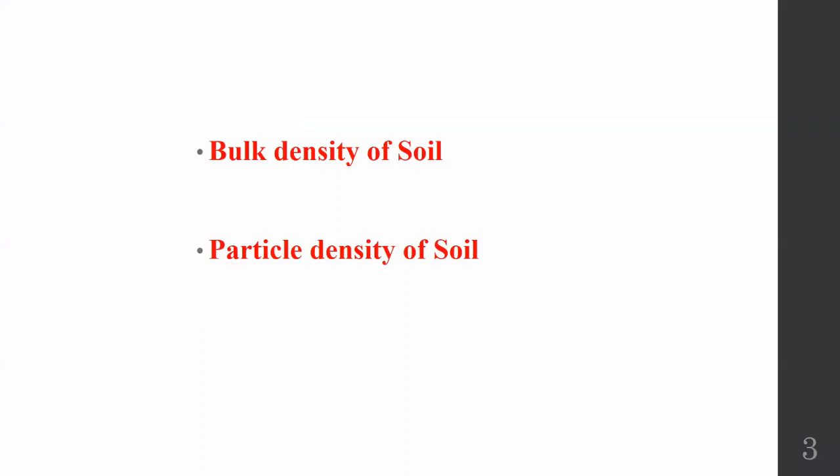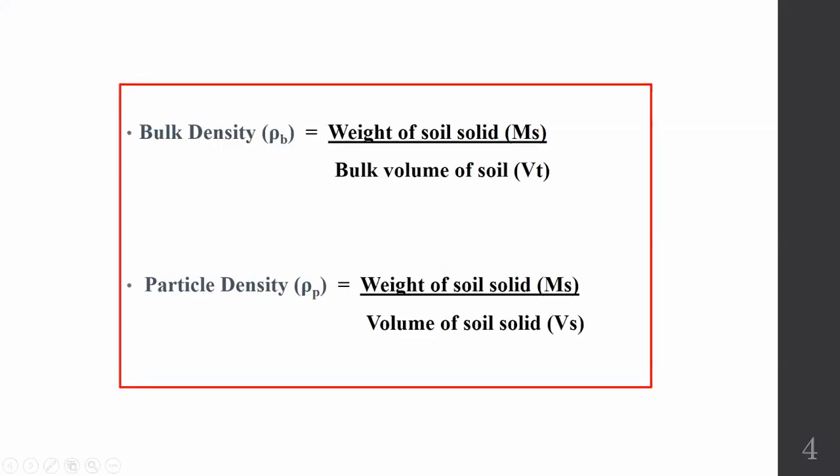Yeah, good. You know about bulk density and particle density, no? This is how we find the bulk density and the particle density. In bulk density, we divide the weight of soil solid by the bulk volume of soil, that total volume. What does the total volume contain, as you studied?